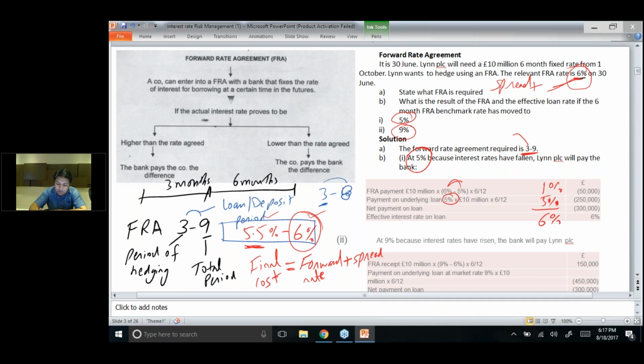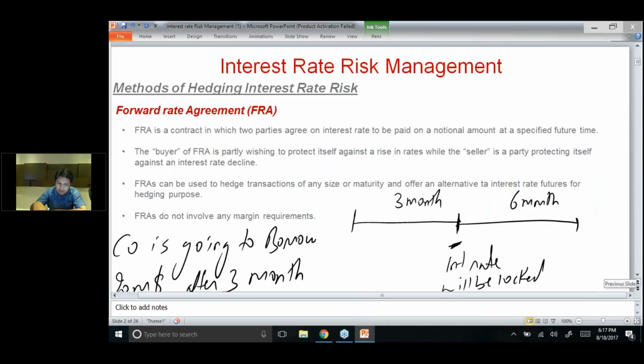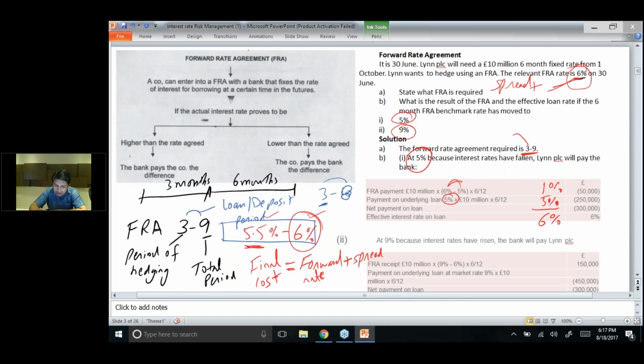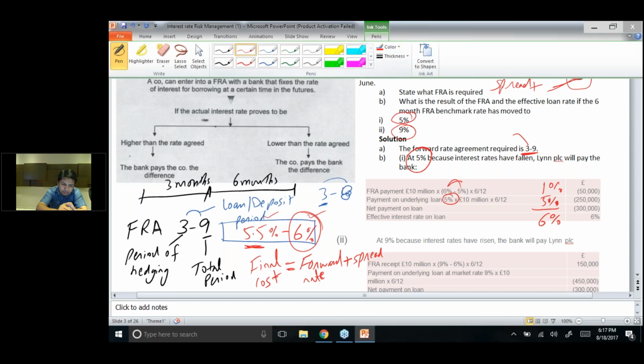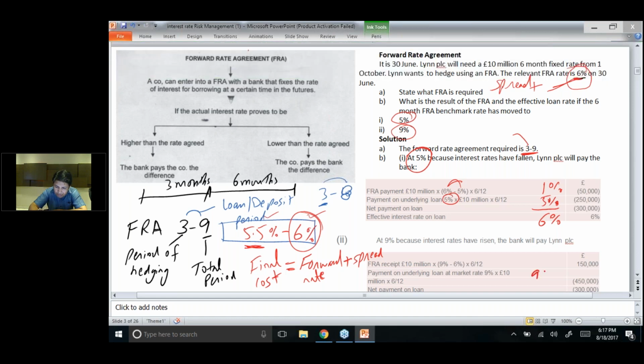And in the second scenario, you will take a loan at 9%. You will take a loan at 9%, but obviously you have locked the contract at 6%, so you will receive the difference of 3%, and your final cost will always be 6%.